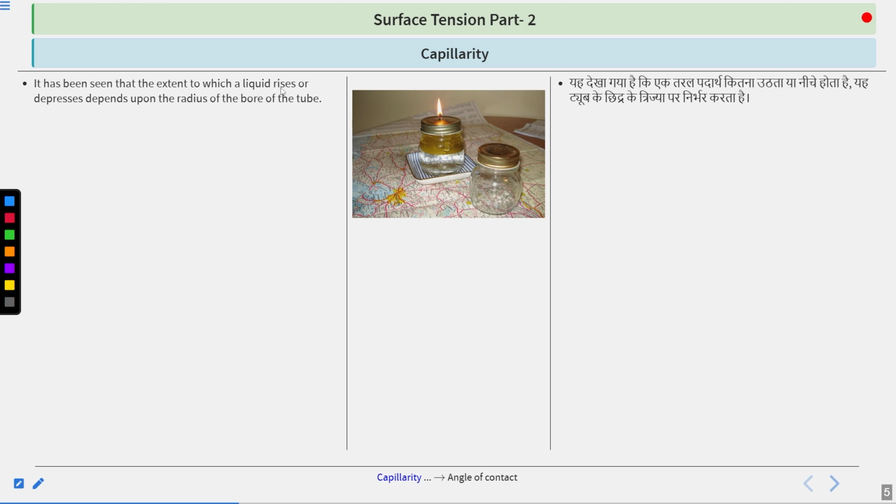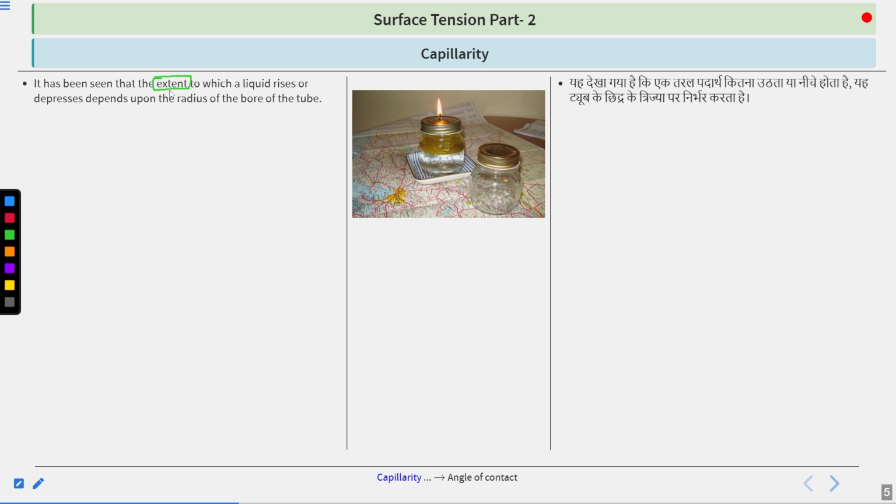The rise or depression of the liquid is not controlled by the radius of the bore of the tube. Actually, what is controlled is the extent: up to which extent the liquid will rise if it rises, and up to what extent the liquid will depress if it depresses.